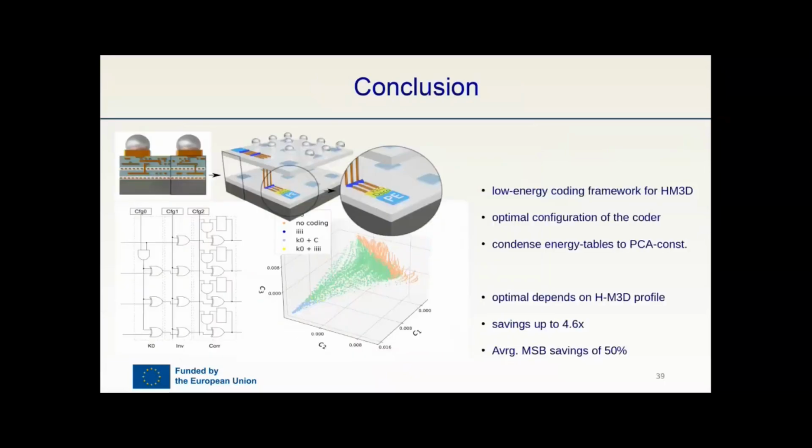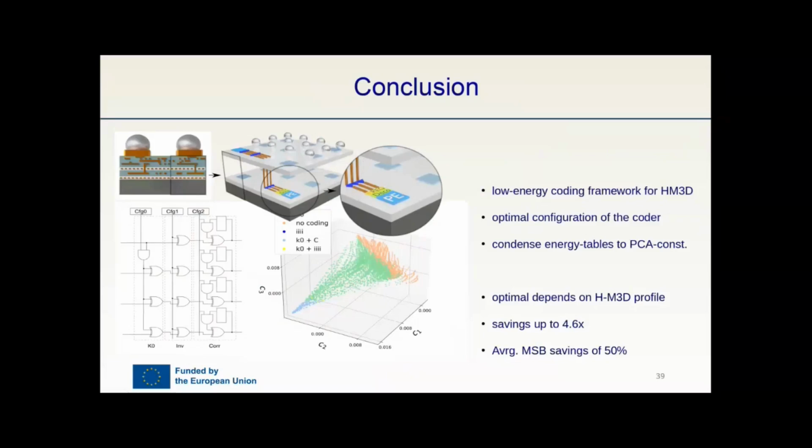So, summary, what we have seen right now: it is possible with a very small amount of hardware to reduce the power consumption when we transmit data in heterogeneous monolithic 3D technologies. We can develop one configurable encoder where we can fit the coding approach to the kind of data that we have in our application.